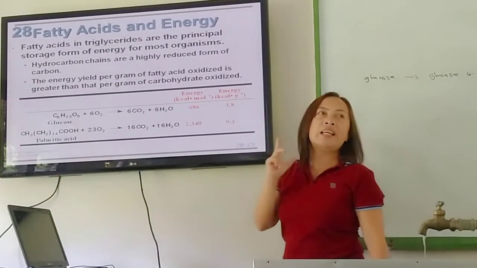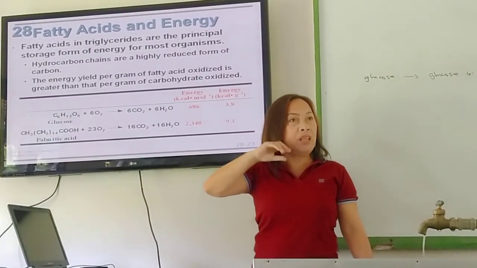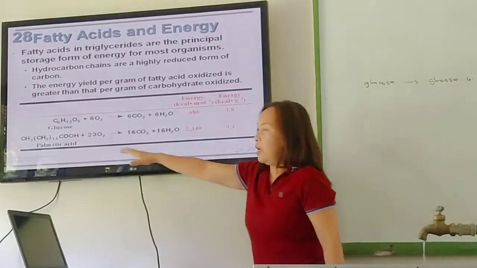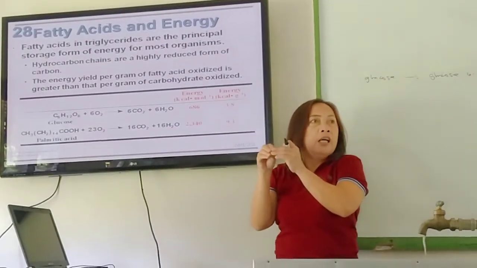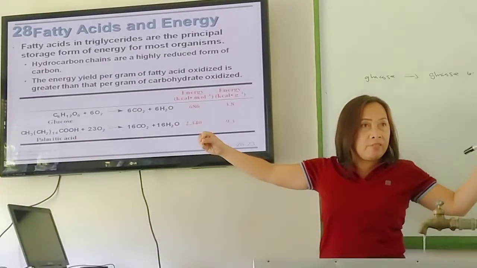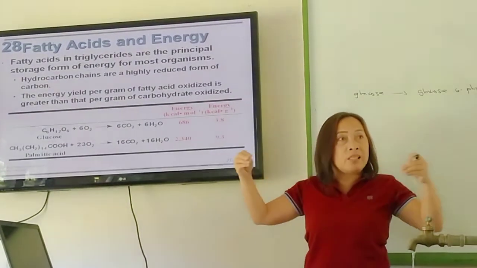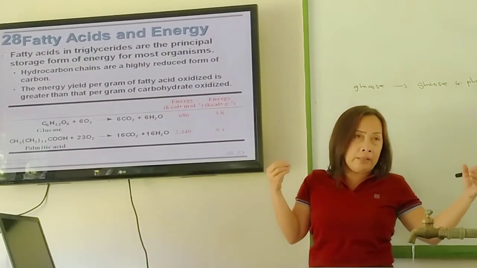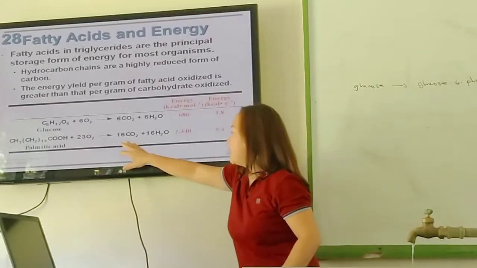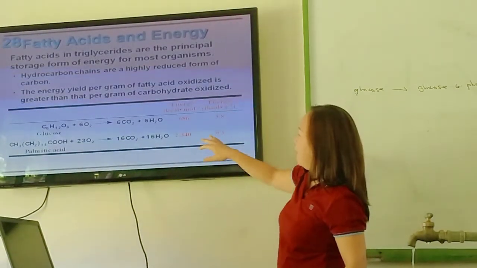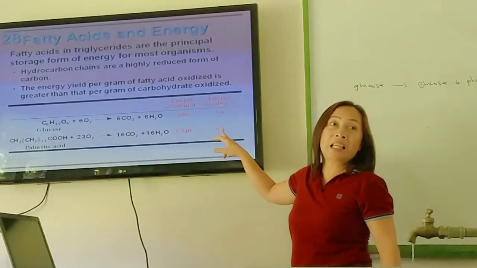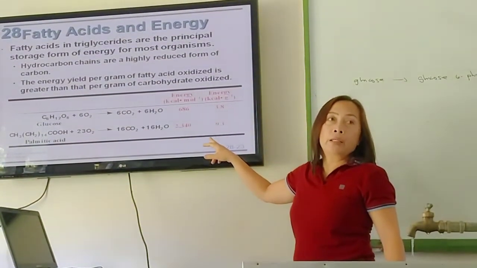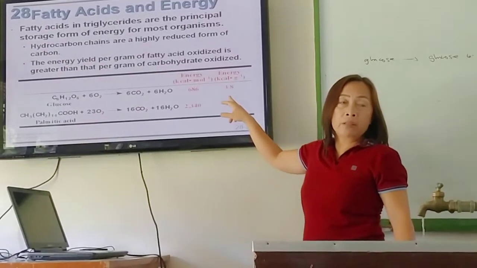However, for a fatty acid, of course, there is a difference depending on the type of fatty acid. But say, the longer the fatty acid chain, the more energy or ATP molecules it could generate. Like this, palmitic acid can give you around 9.3 kilocalories, which is 3 times more energy than the breakdown of glucose.